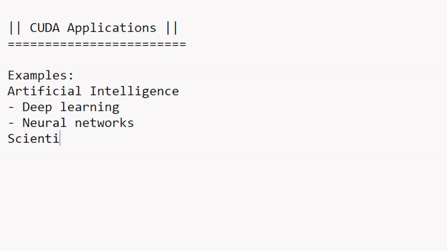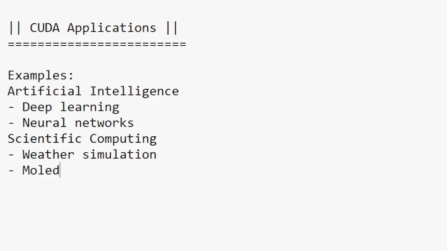Another major area is scientific computing. Researchers use CUDA for tasks such as weather simulation, where enormous amounts of atmospheric data must be processed, and molecular dynamics, which studies how molecules interact at the atomic level.